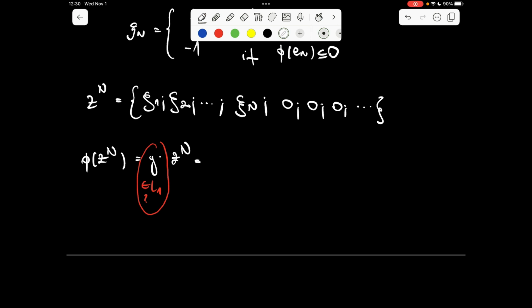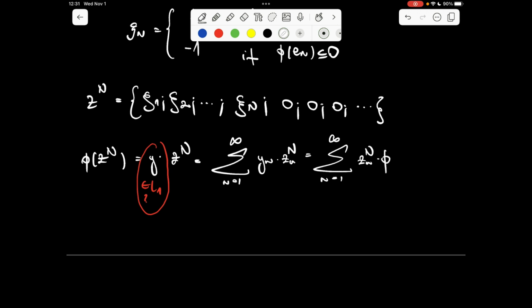It is equal to this sum, and it is equal to this sum. We are just using our own definitions.